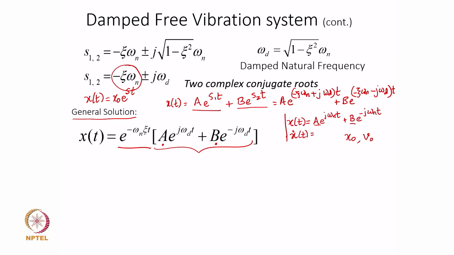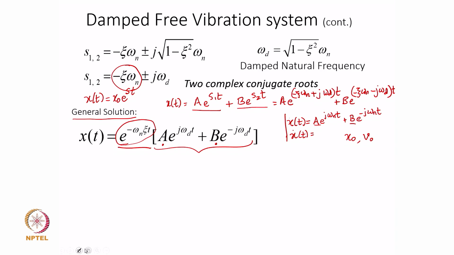Now, more important is to discuss how we make sense of the roots that we have got here. This part is going to be a harmonic one and this part is going to be an exponentially decaying term, so how would the overall response look?